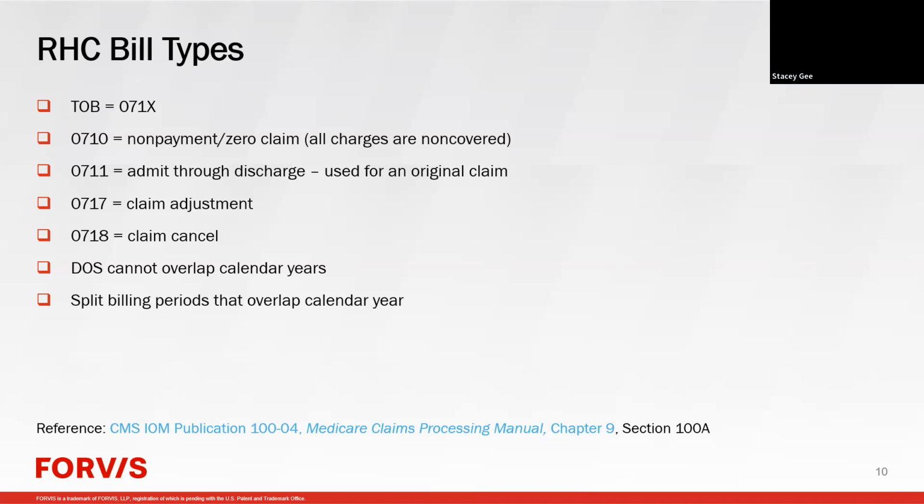And it denied because in the Medicare world, you could not submit an overlap date from September to October. October 1 is a new year for Medicare. So keep that in mind as you're reporting claims.